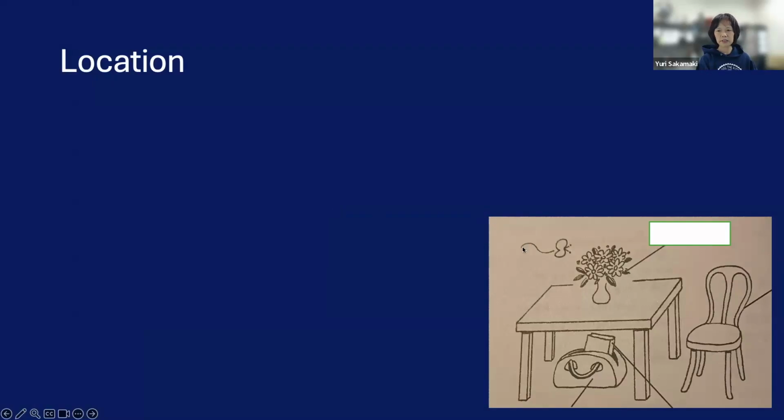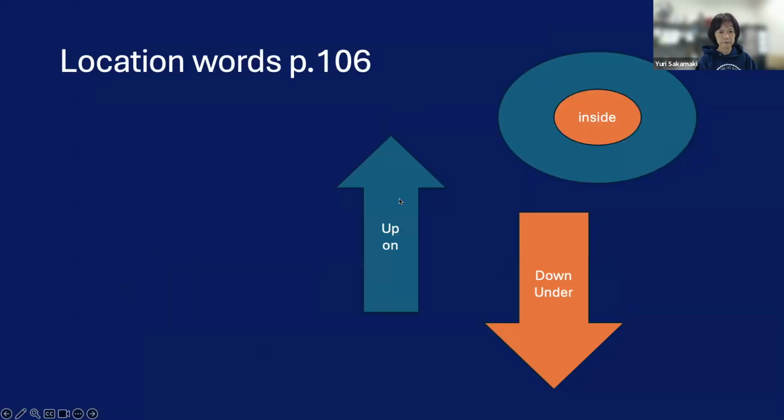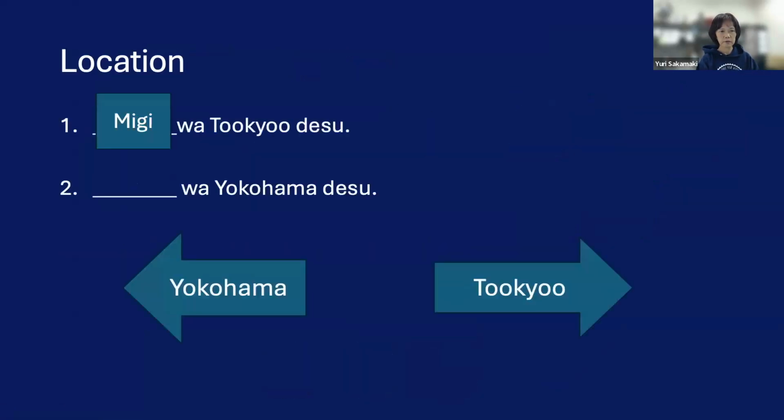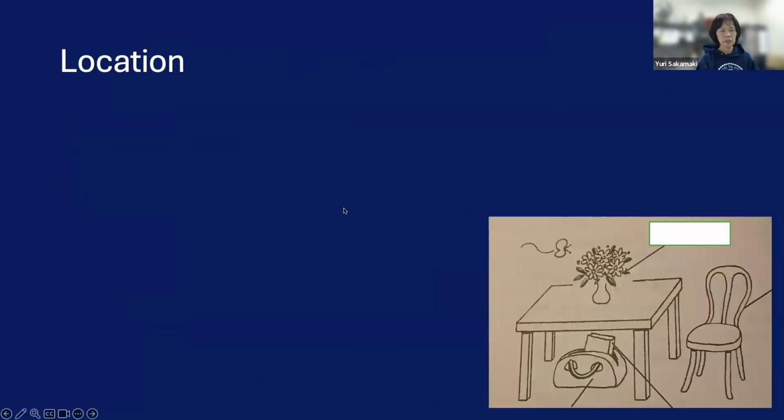Okay, so let's look at this picture and explain where things are. So let's talk about flowers. So we want to say flowers are on the desk. So the word desk, tsukue. So it's going to look like this.